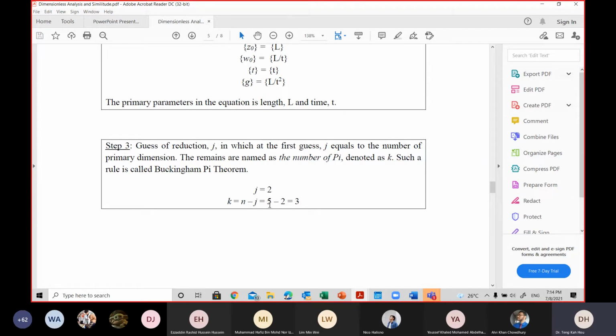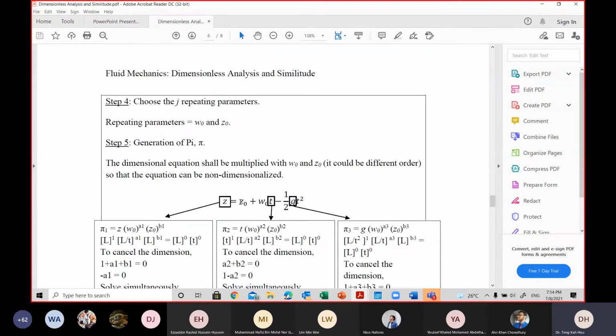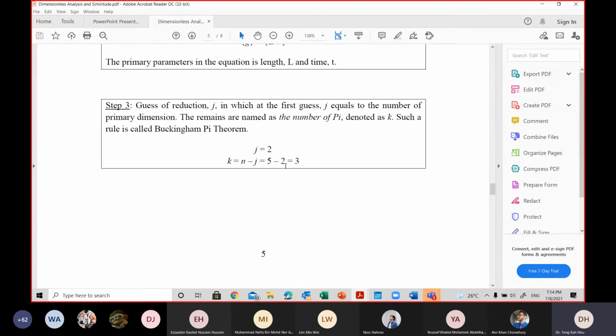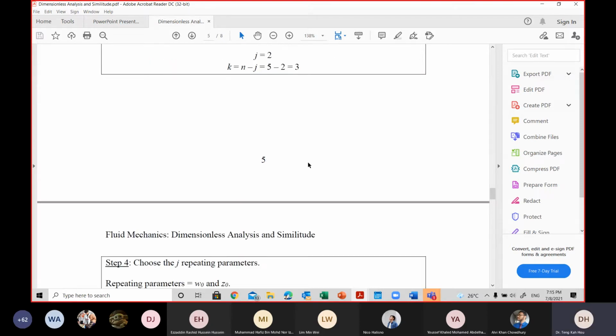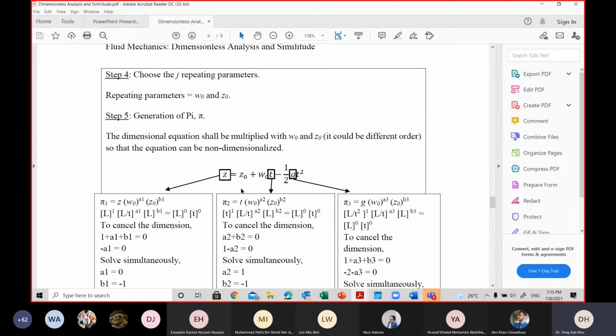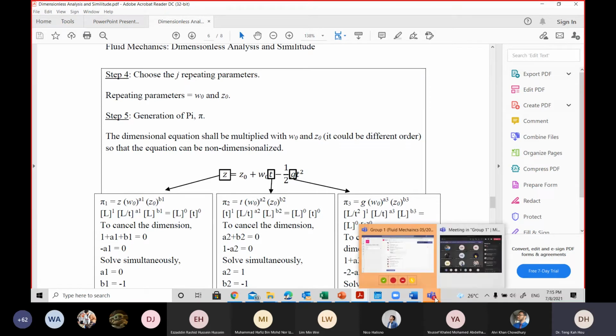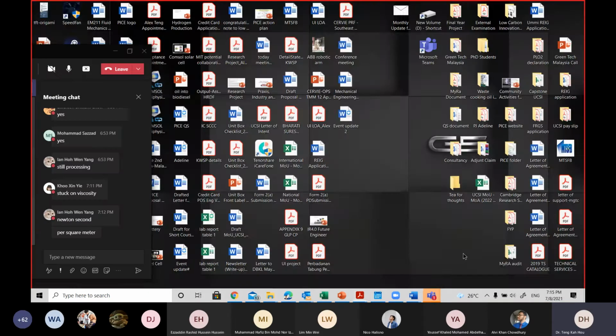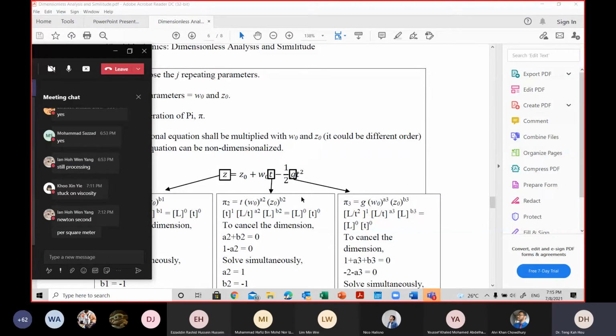Perhaps you use 5 minus 3 and it becomes 2, and then you try to figure out where you can get your 2 pi, and you get stuck at step 4. I've seen some questions with 5 minus 2 equal to 2, or 5 minus 3 equal to 3. Then when you come to step 4 and step 5, you wonder where you can get the full pi for this kind of case. So please make sure your calculation is correct. Okay, any question?